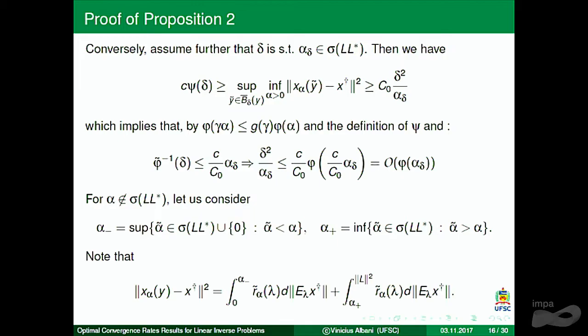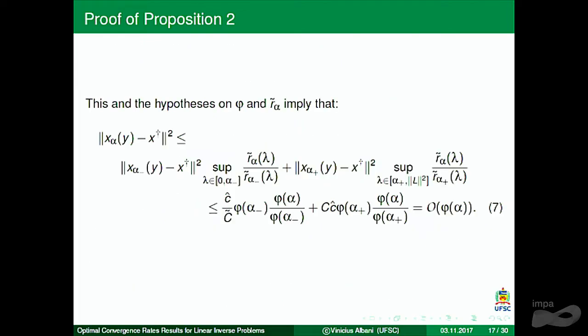So for any alpha, we have that this is equal to the sum of these two integrals and use this estimate here. So we use this, the inequality holds for this with alpha plus in the spectrum of L L star and alpha minus in the spectrum of L L star. So we just use this.